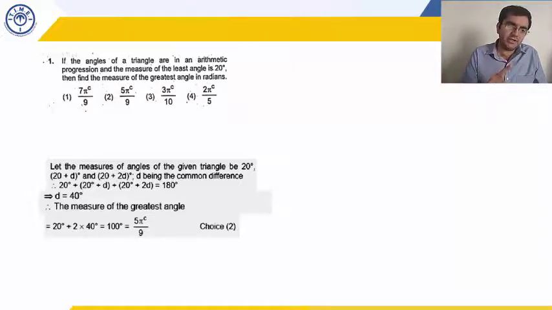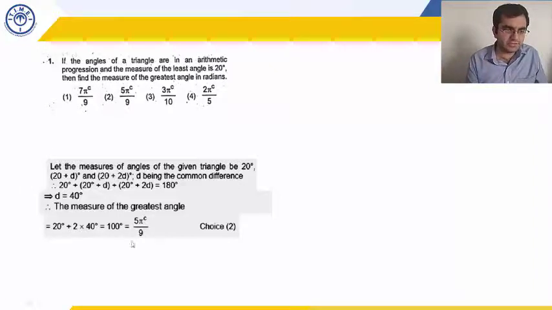So what will be 1 degree? 1 degree will be 2 pi by 360 radians. And 100 degrees will be 2 pi by 360 into 100. So that will give you, in a simplified form, 5 pi by 9. 5 pi by 9 radians is your answer.